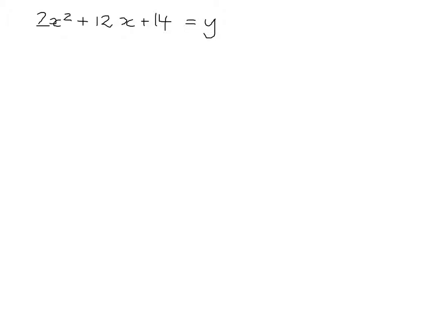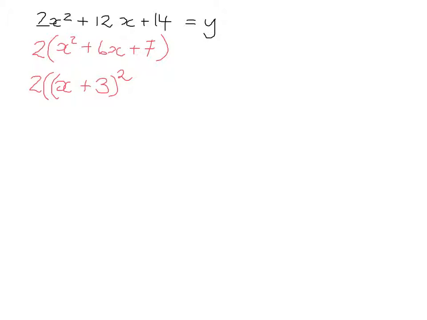Now you remember the first thing we did was we took 2 out as a factor, and we had x squared plus 6x plus 7. Then we take the b value, the coefficient of the x term, and set it up like that.